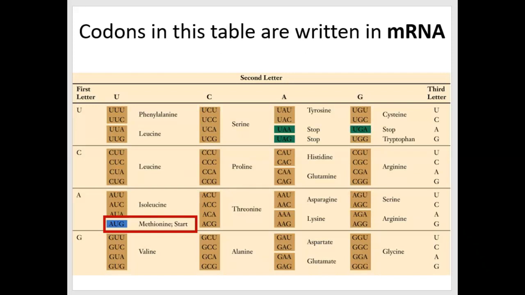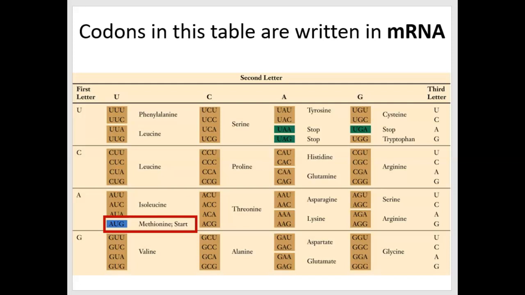It is known which amino acid is coded for by each codon, and this table is used to predict the amino acid sequence that will be made from the primary transcript of sequence of codons. To use this table, you need to know the messenger RNA sequence. It's written in codons. The first base is listed in the first column.